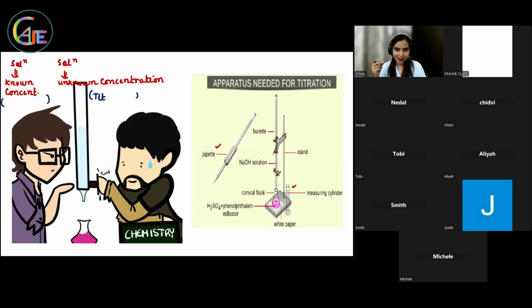Yes, it is something like that, but there's a little bit of change. This one is known as titrant, and this one is known as analyte. Can you see the difference? That is a really minor difference.